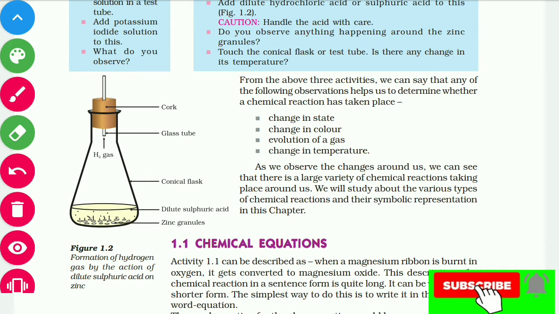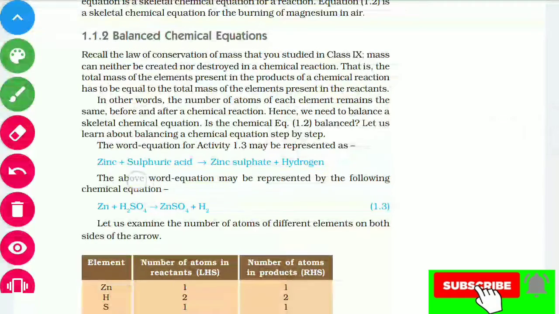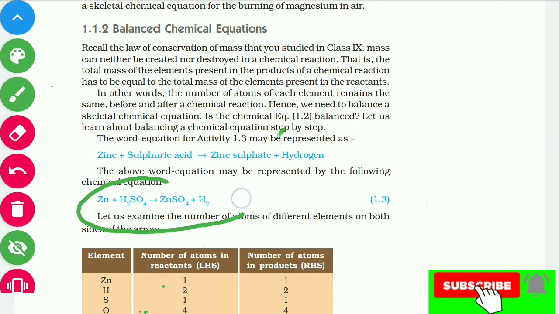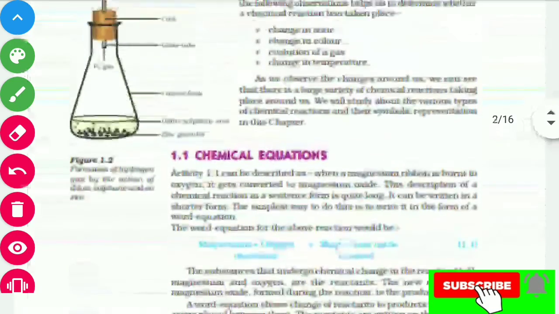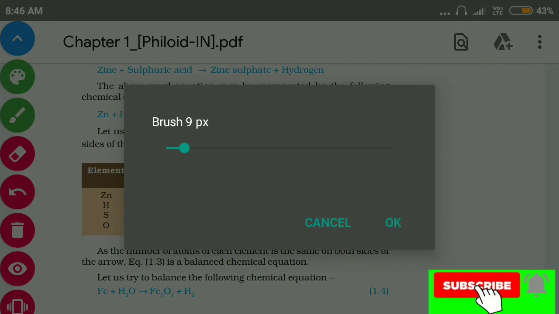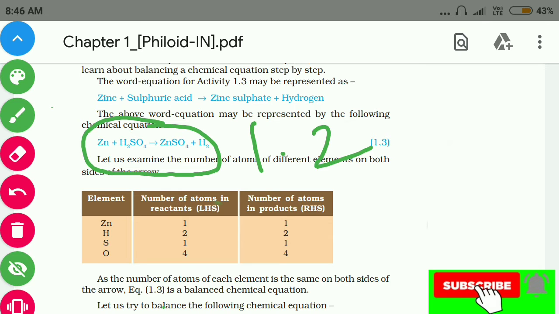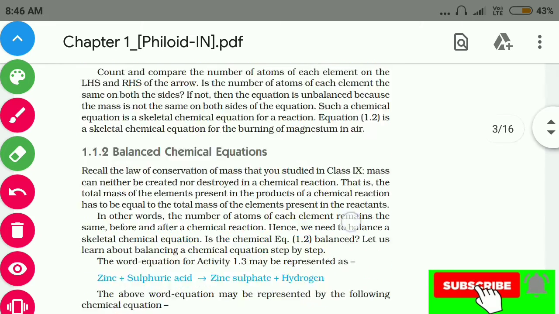Here is your chemical equation for activity 1.2. This is the equation.